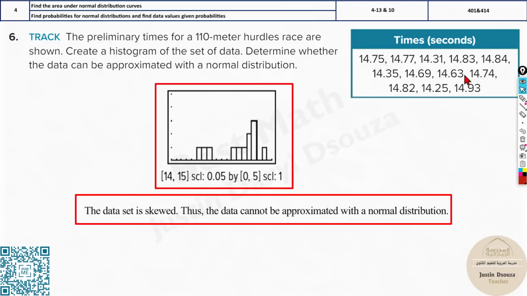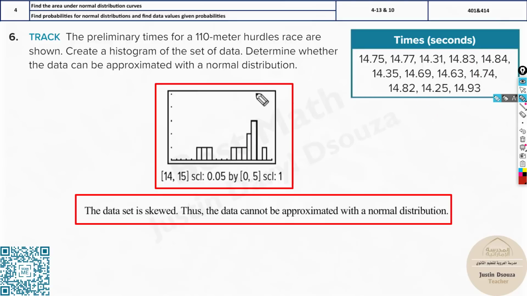And then here we can see there are no points until we come to 14.6. 14.6 to 14.63, there is 1 point. Then 14.65 to 14.70 is another point. 14.70 to 14.74, you can say another point. And then 14.75 and 14.77 can be plotted together. Whereas all the others over here, there are 3, 1, 2, 3 in the same range.